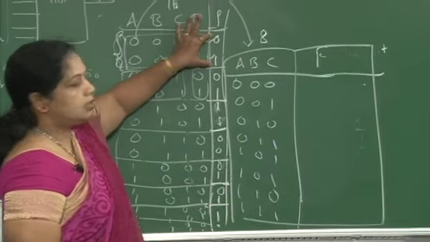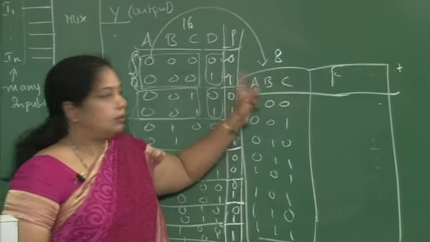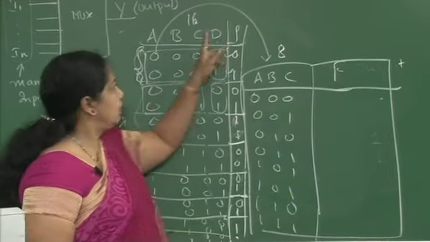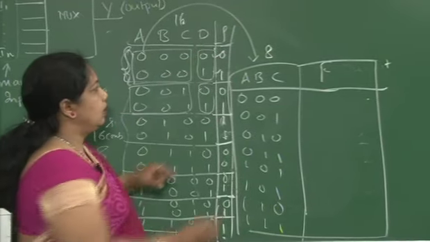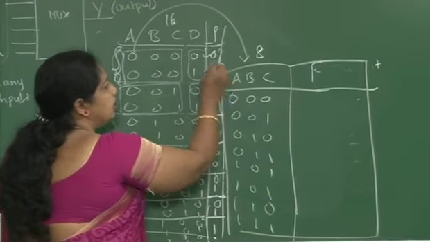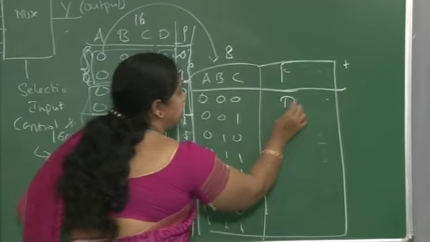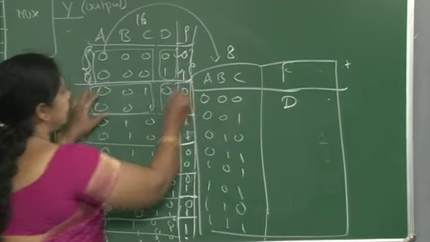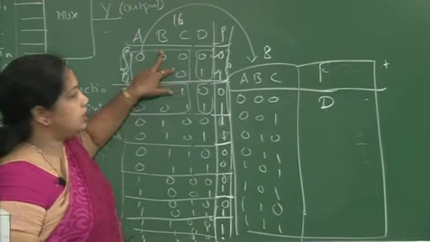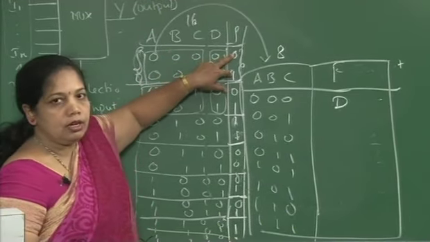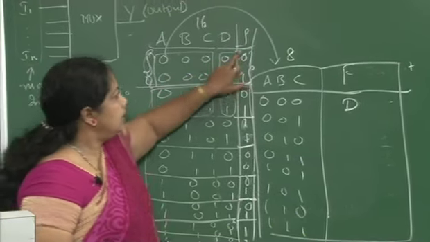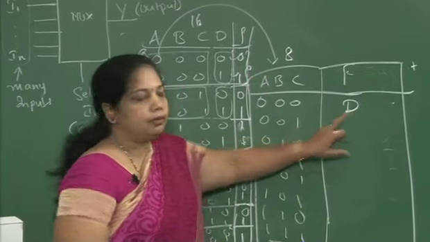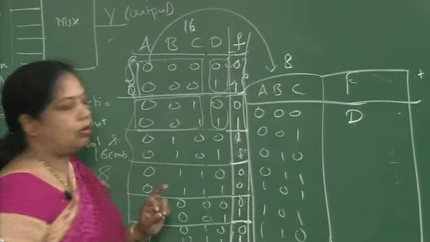Based on this, I will write my output as a function of D. If my output is 0 1, I represent this as D. For the first combination, the output is 0 1, so I write it in terms of D.